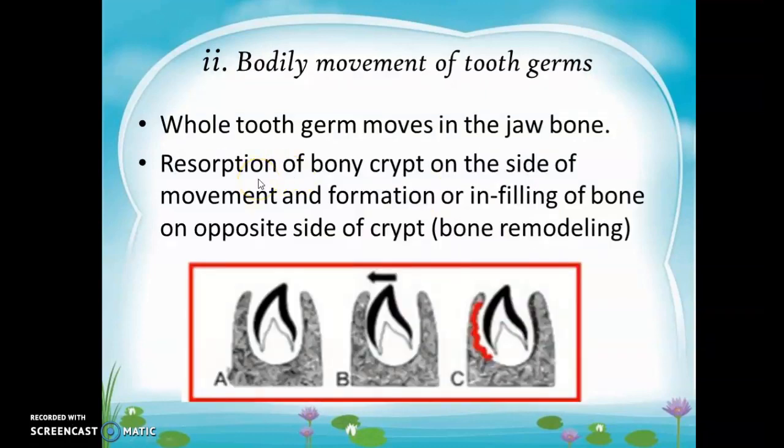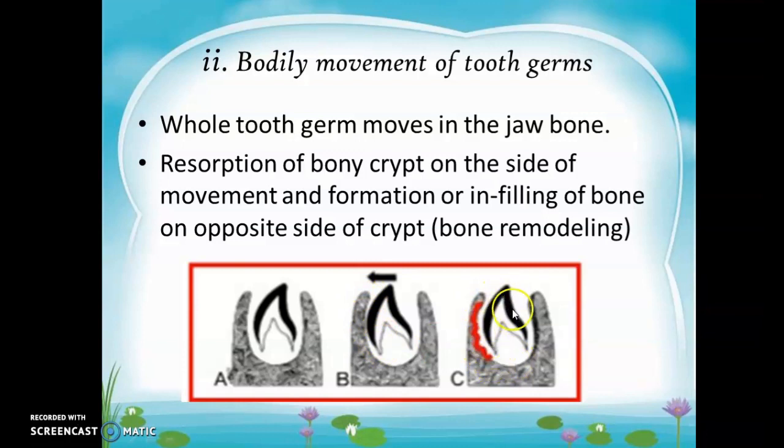Now coming to bodily movement. Bodily movement of a tooth germ means the whole tooth germ moves and occupies a different position within the bone. In this image, you can see the tooth germ moving posteriorly as indicated by this arrow. As the tooth germ moves posteriorly, there is resorption of the bony crypt wall on the side of the movement, as indicated by this red shaded area.